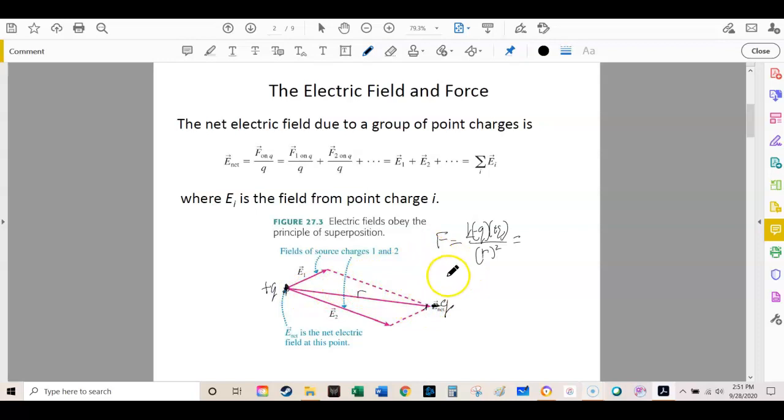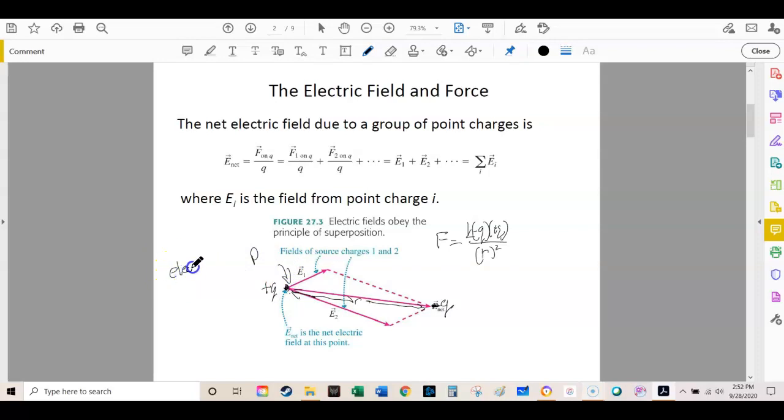If you wanted to find the electric field due to the negative Q at that point P, which is a distance R away, this is the distance R separating the two charges, but it is also the point P where you're measuring the electric field.